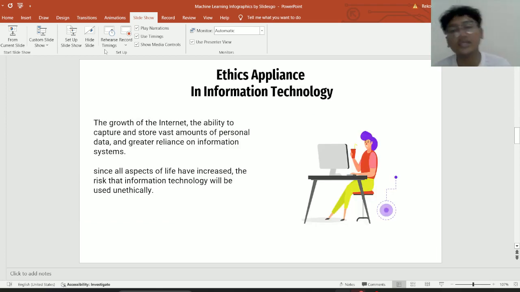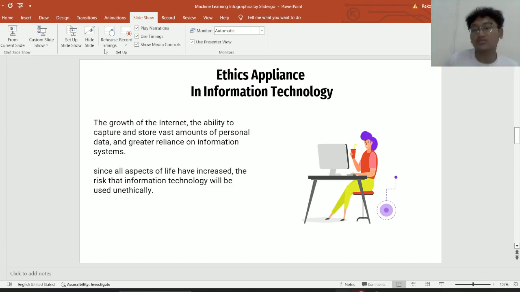And the next one is ethics applied in information technology. We discussed the ways, or some examples, of applying ethics in information technology. The growth of the internet, the ability to capture and store vast amounts of personal data, and greater reliance on information systems.